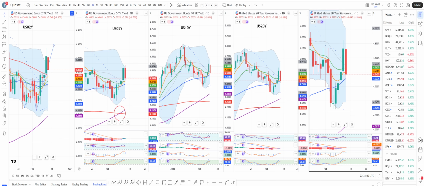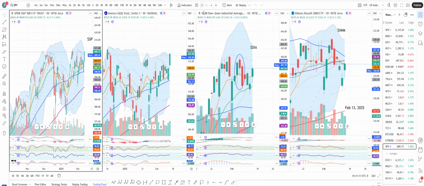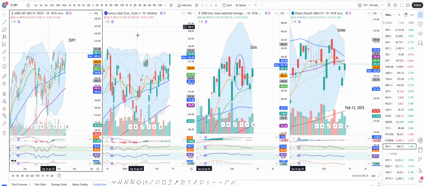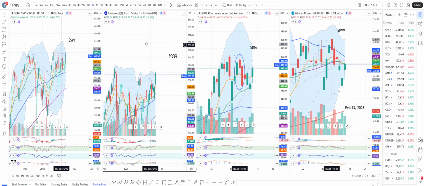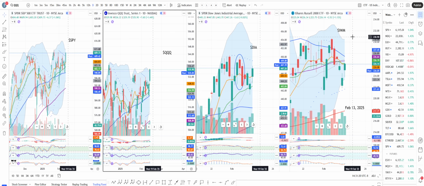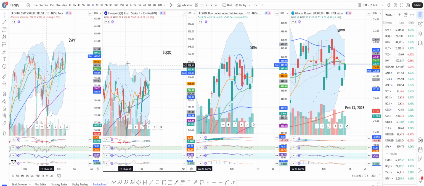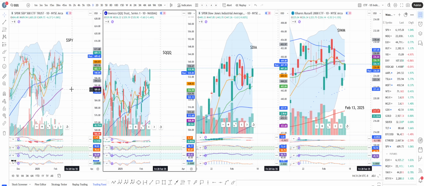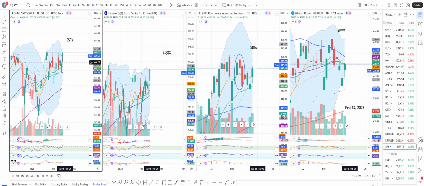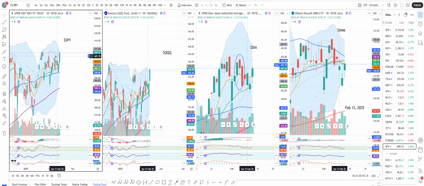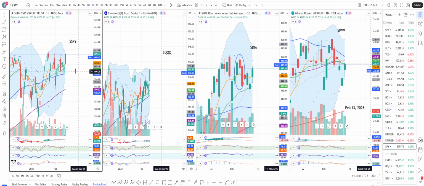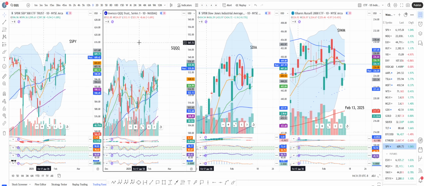Now let's move on to our major indices: S&P 500, Nasdaq, Dow Jones, and Russell. Today we are seeing very strong green candles, and technically this red candle here has been negated by S&P 500. Nasdaq made the same move.